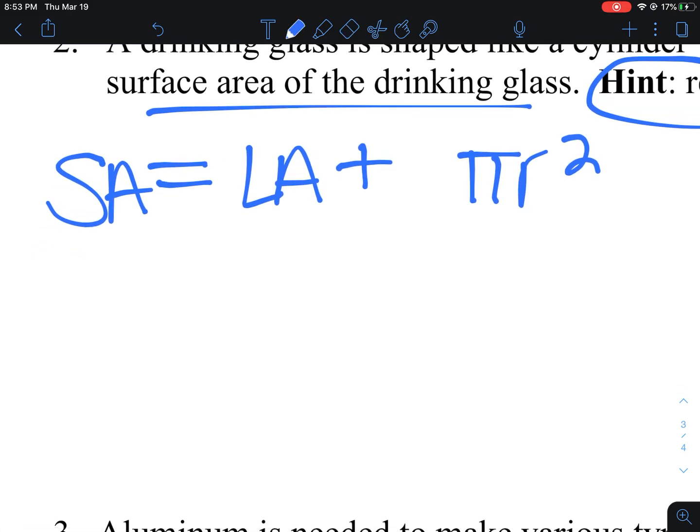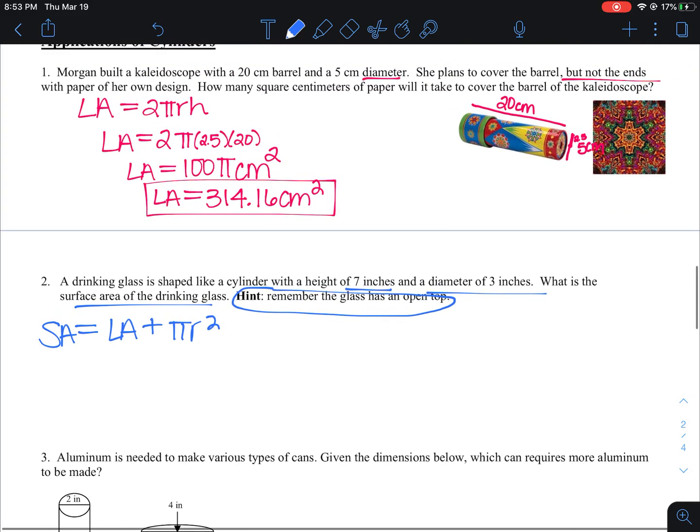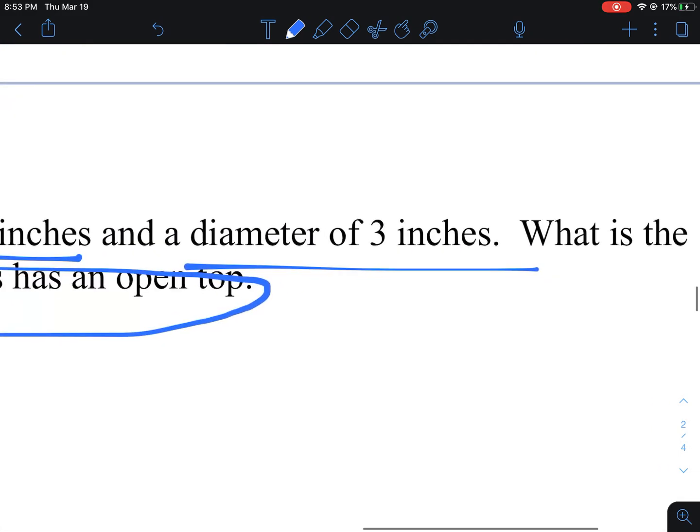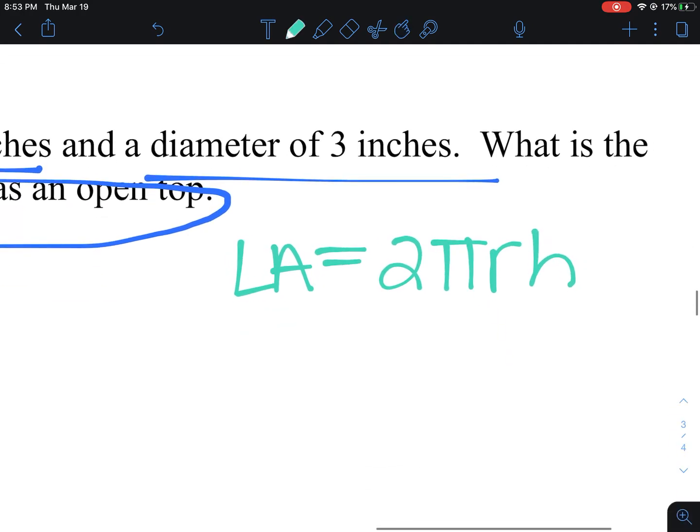So now here's our modified formula that we're going to work with, because we don't need the top. But first we need the lateral area. So let's do that first. Over here, let's find the lateral area. That would be 2 pi r h.